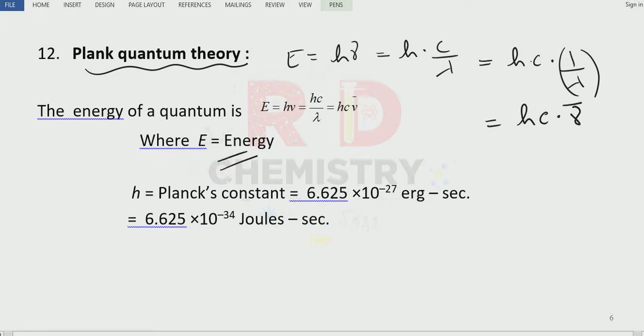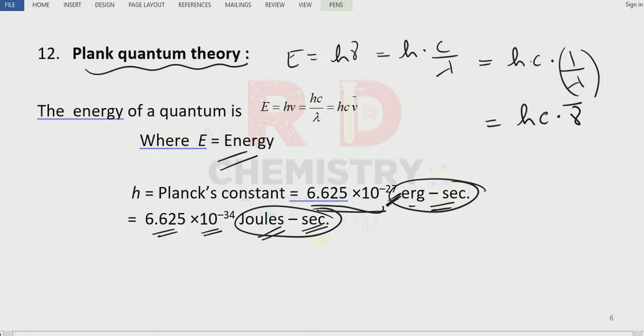E is the energy, h is Planck's constant. See the units here. There are different units, SI and non-SI: 6.625 into 10 power minus 27 erg second, and 6.625 into 10 power minus 34 joule second.